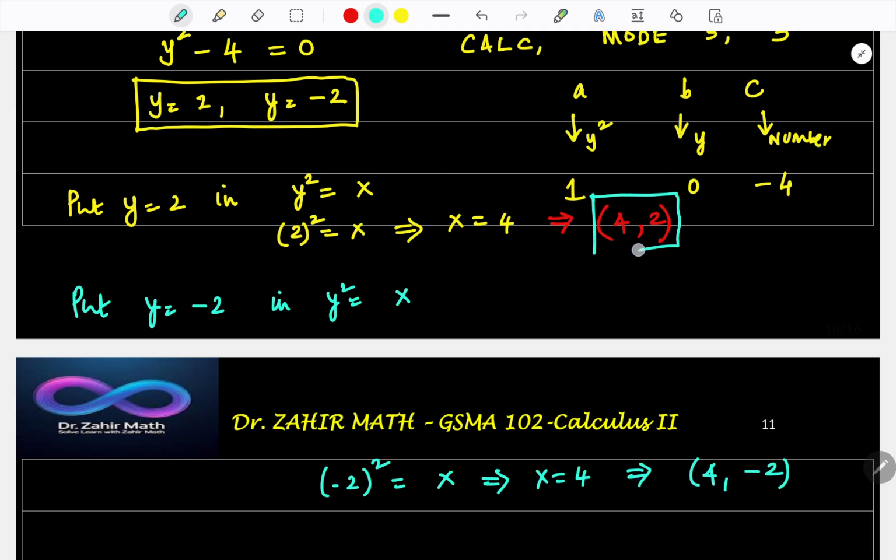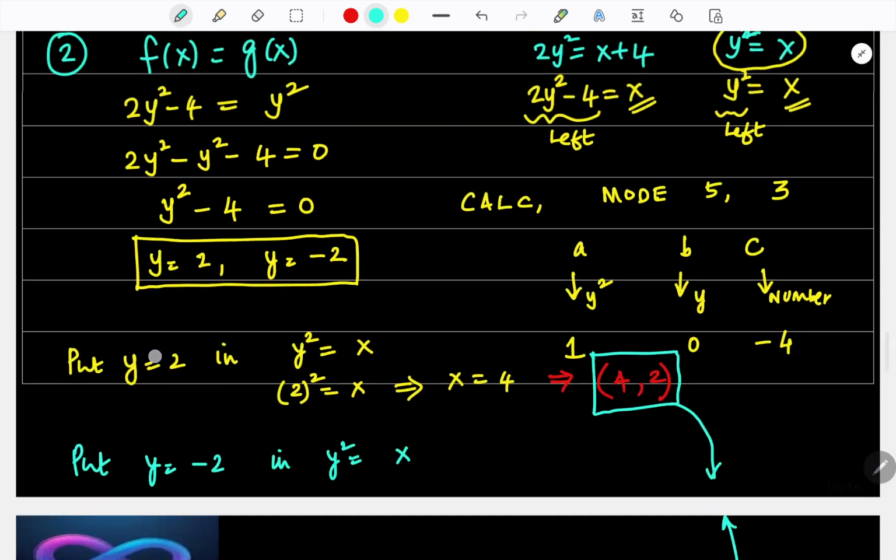So I got 4 comma 2 and I got 4 comma minus 2. This point is the intersection of two curves. Keep in your mind where the two curves intersect, right? So this is the point of intersection, something like that. Okay, right. So the points of intersection are 4 comma 2 and 4 comma minus 2. So we got this one.